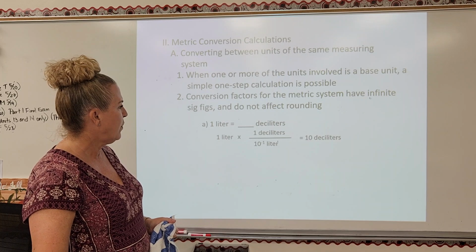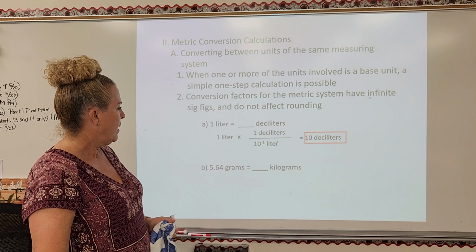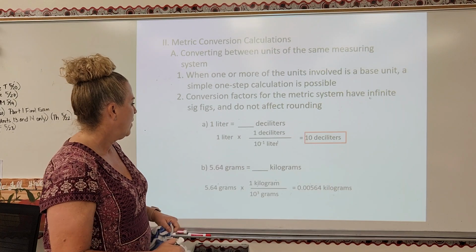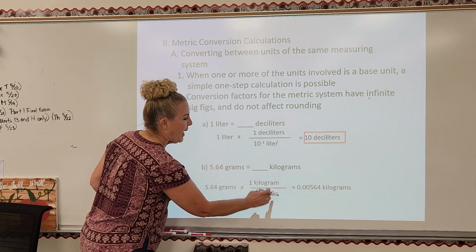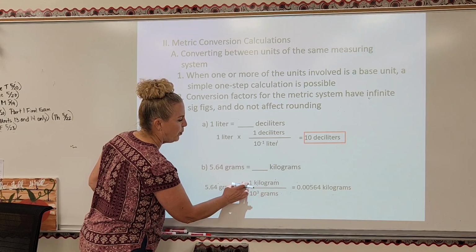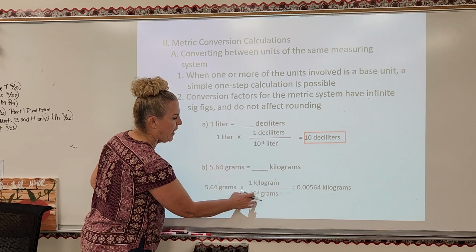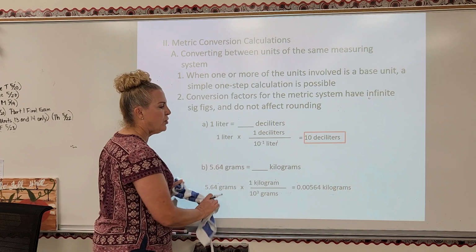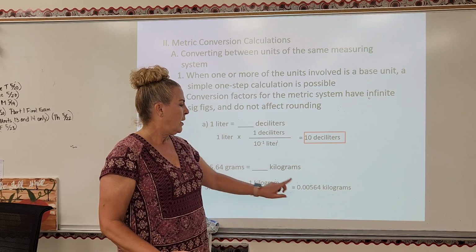So coming back to our original problem, we have our grams written, we had our kilograms written. All we have to do is put in the power of 10 and the 1 and then do our calculation.